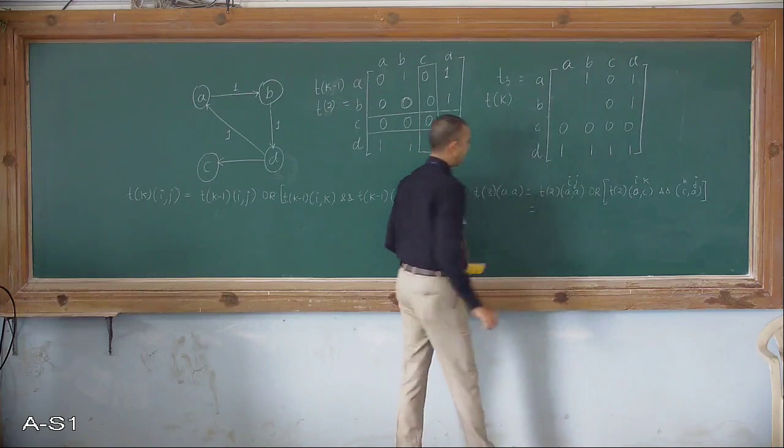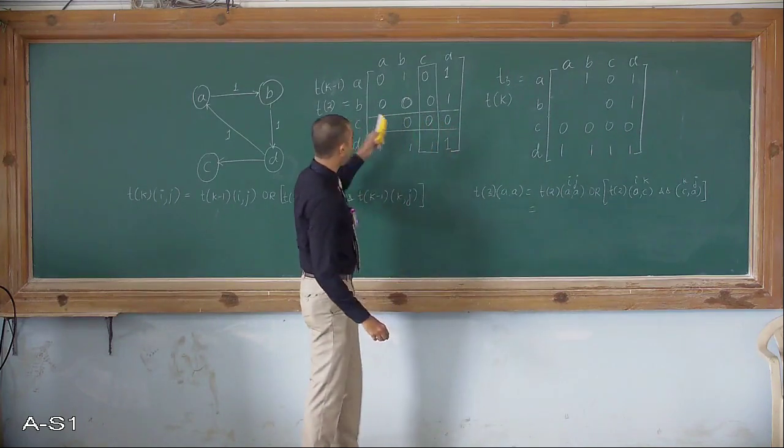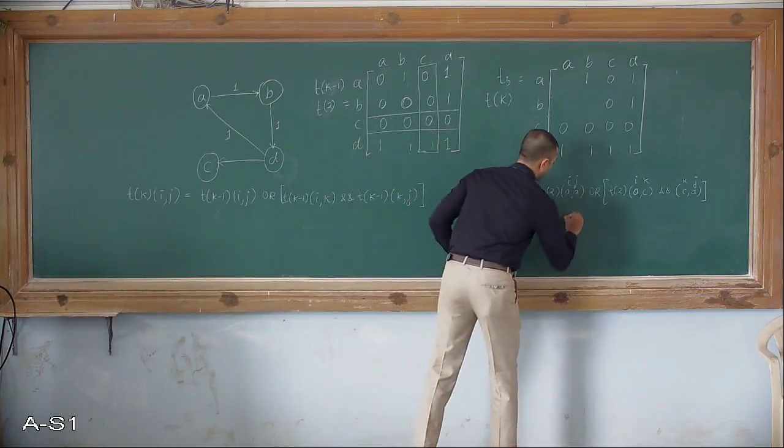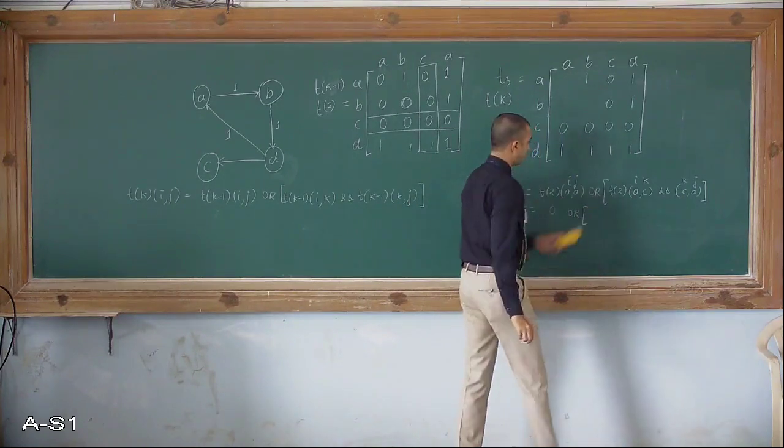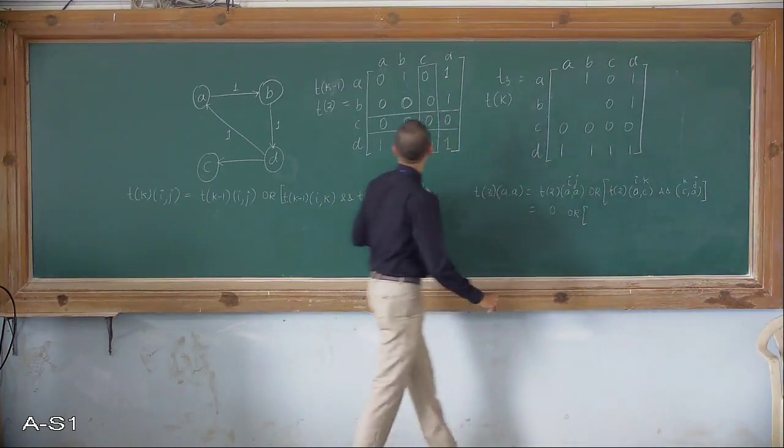In the T2 matrix, what is the value of A to A? 0. Or in the T2 matrix, what is the value of A to C? A to C is 0.